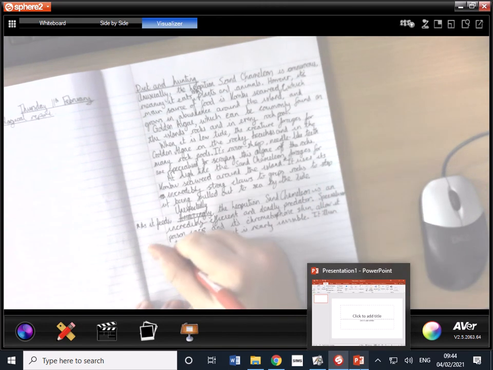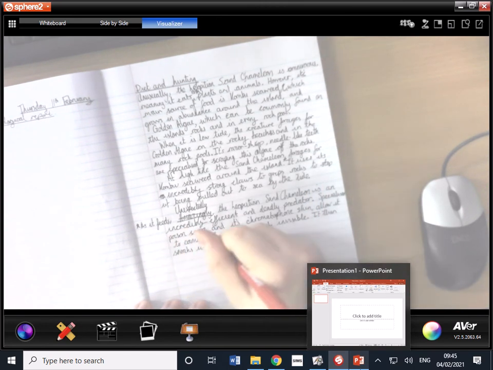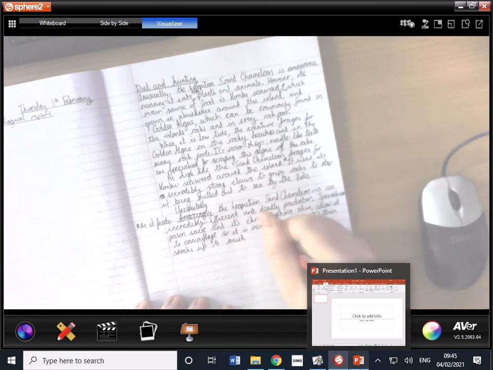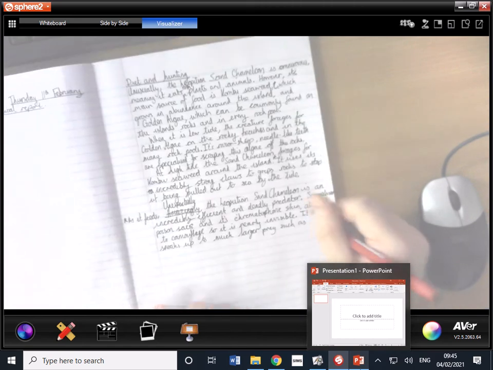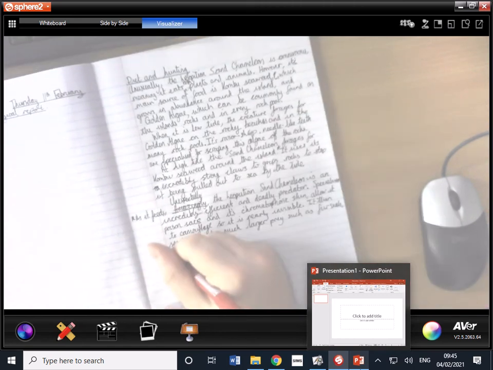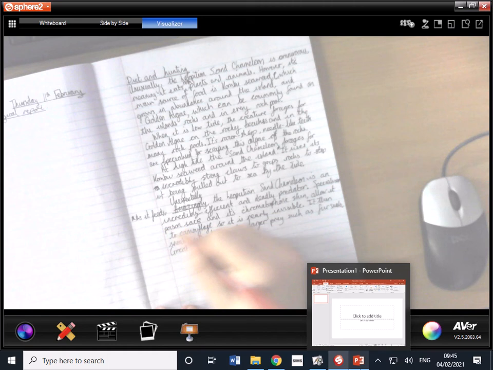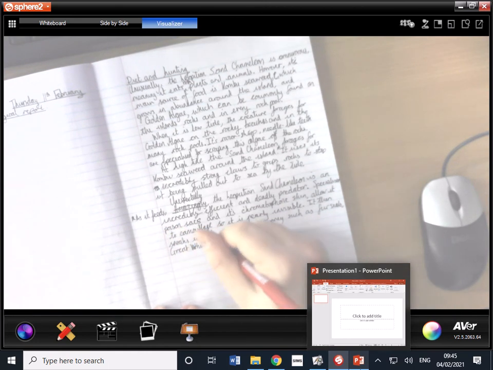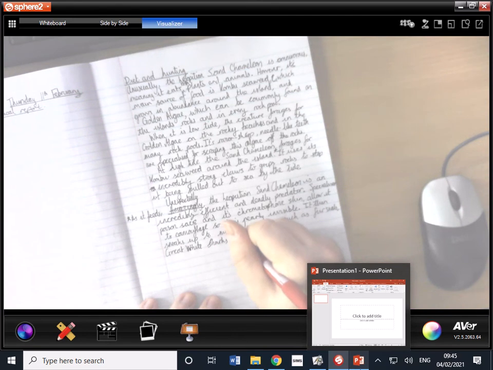It then sneaks up to much larger prey, such as fur seals, great white sharks, and I always list the three.